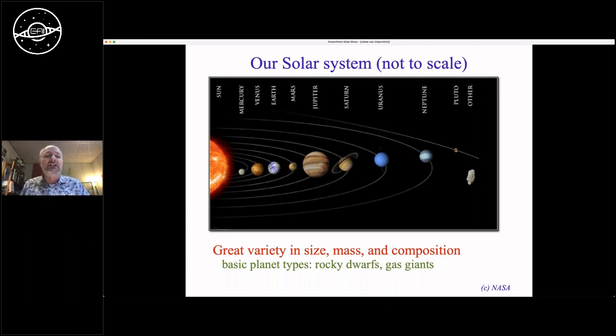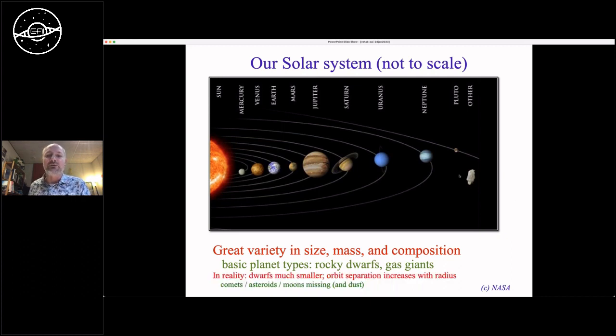What you can more or less see is that there are two basic types of planets in our solar system. There are small rocky planets close to the sun, and there are large gas planets further out. And then there's a lot of stuff hidden under other. In particular asteroids.